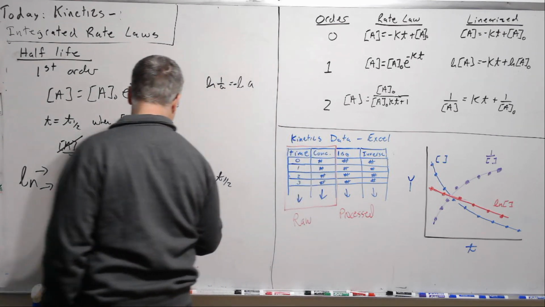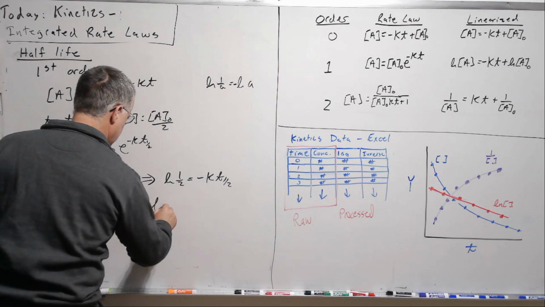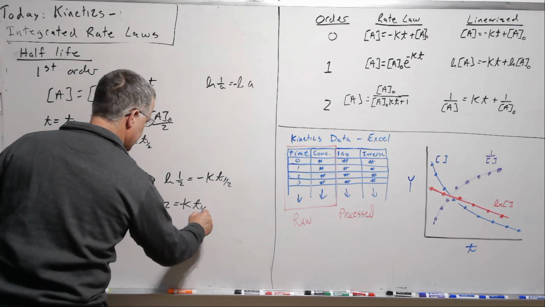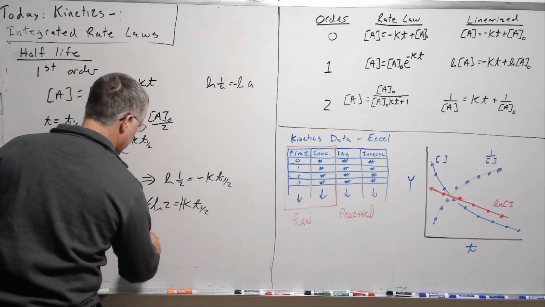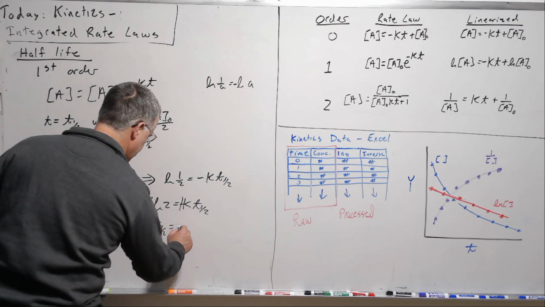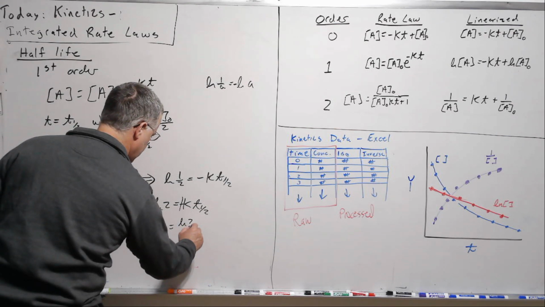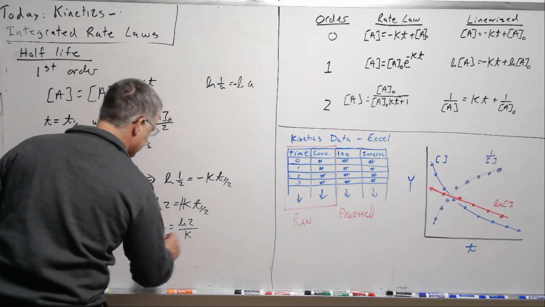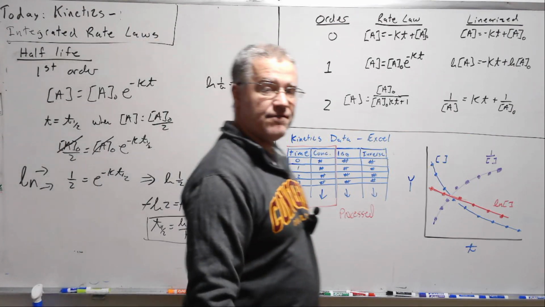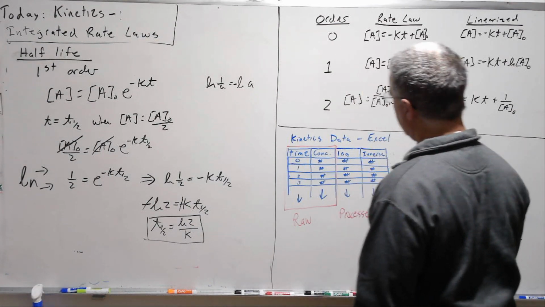So this is going to become minus log 2 equals minus k t 1/2. The minuses can cancel, and then t 1/2 equals log 2 over k.